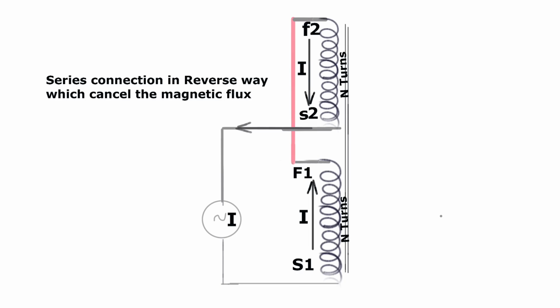So this picture will be clear. Now also the same current I will flow in winding 1 and return through winding 2 and return to the source. Hope this is clear.